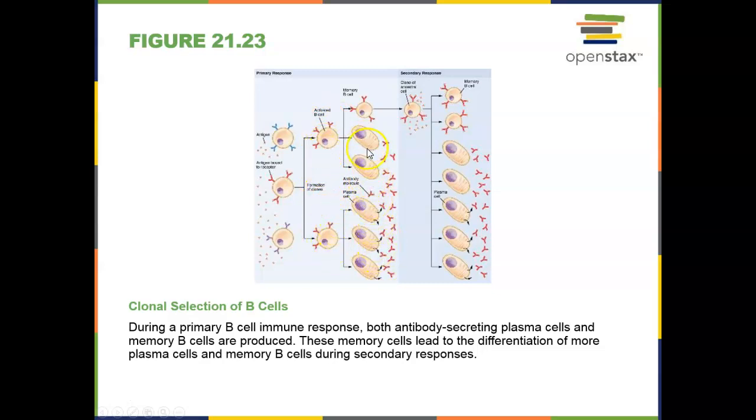So we have all these plasma cells that are being produced, and we have memory cells that remember. The second time that same pathogen comes in, the memory cell immediately produces the plasma cells, doesn't have to get a second stimulation, it's already ready, and more memory cells are produced.